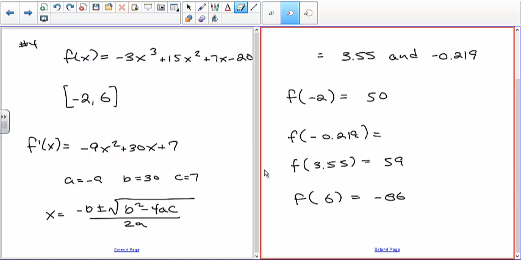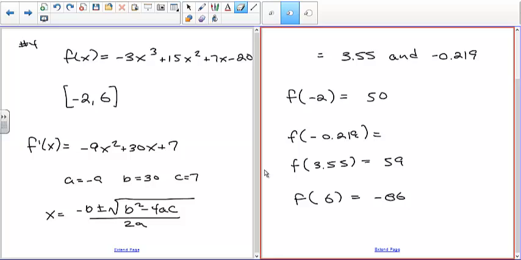So let me go back to my calculator, try to figure out what I did wrong. Oh, I have to insert a negative sign, I think. That didn't help any. Okay, so let's try it again here. We've got -3 times -0.219 cubed plus 15 times, I had 12 for some reason.